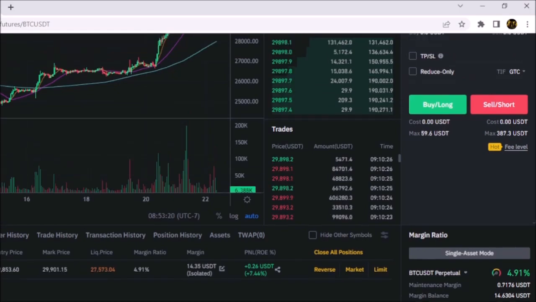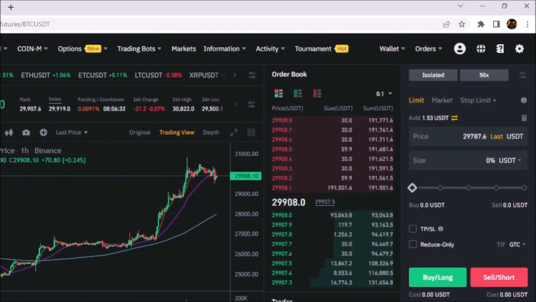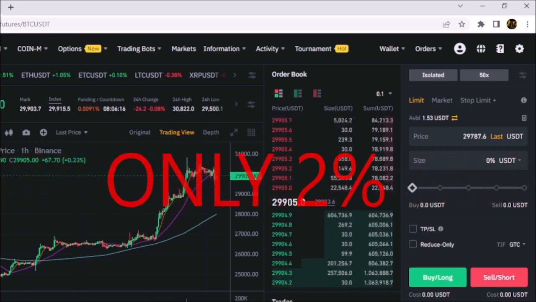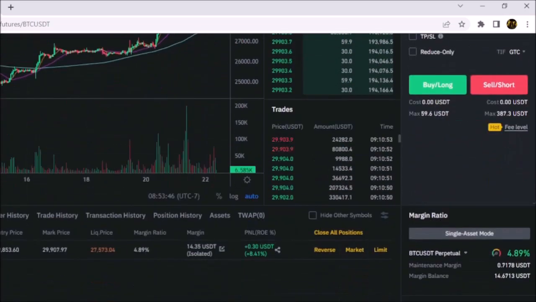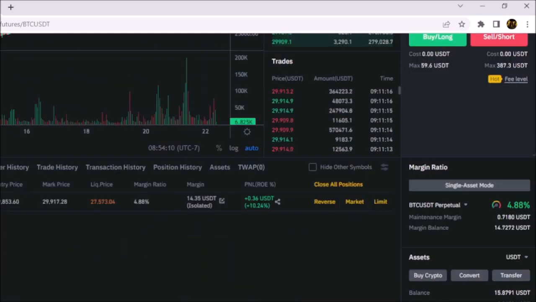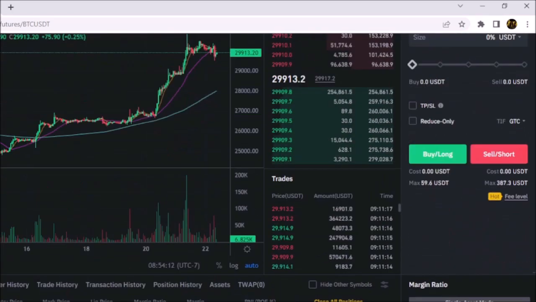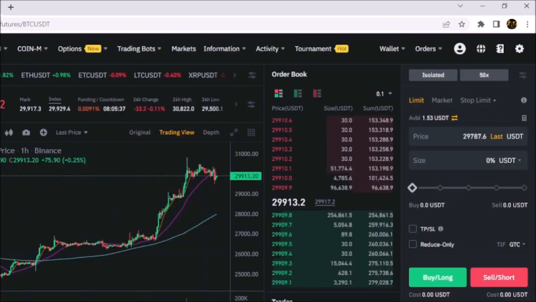So you can ask yourself, if it's like that, then why should I use leverage? Remember, the pair that you selected has only moved 2%. But right now, you'll be having 100% after selecting that 50x. So on your initial capital, instead of getting 2%, they will be giving you 100%.